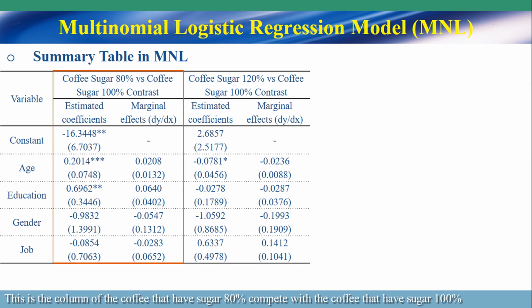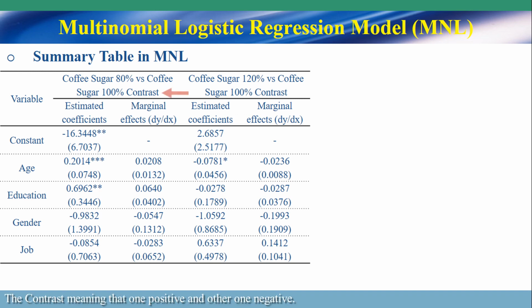This is the column of the coffee that has sugar 80% compared with the coffee that has sugar 100%. The contrast means that one is positive and the other is negative. This is the column of estimate coefficient. This is the column of marginal effect.